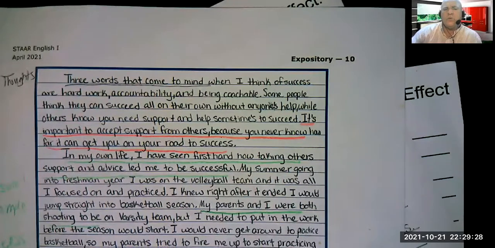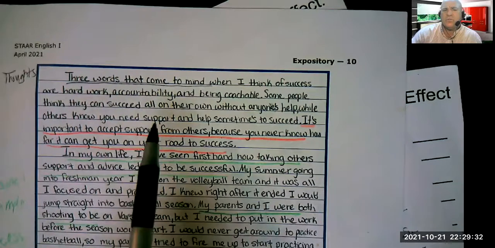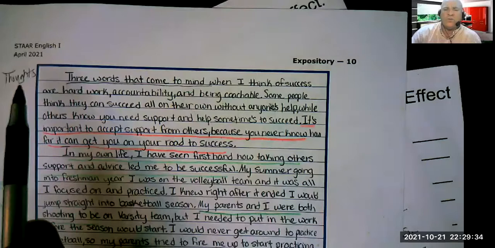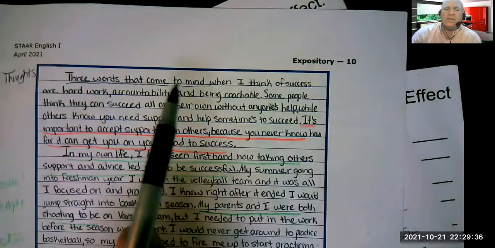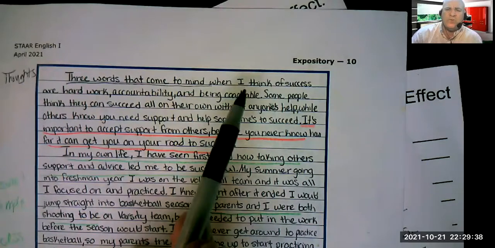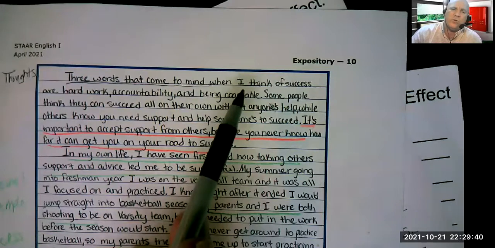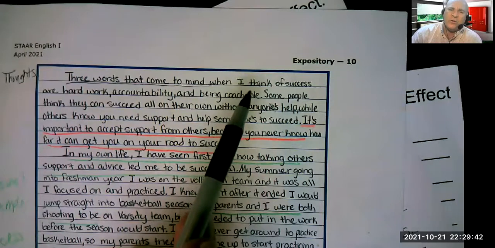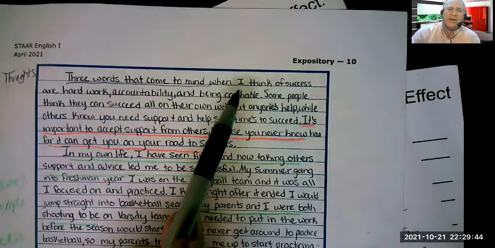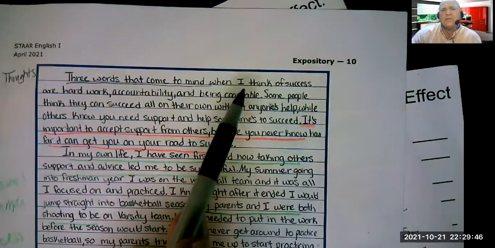3 words that come to mind right away. They're sharing their thoughts with you. Some of you said don't use the pronoun I. It says you can use your own point of view and perspective. And some of you are giving your kids lower grades by using the pronoun I. You just don't want to tell a story about something that happened.